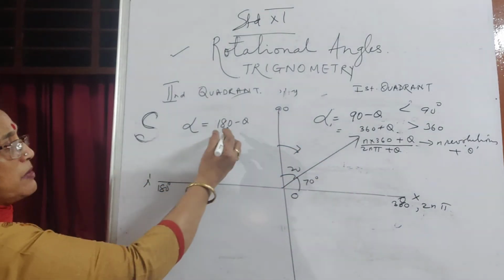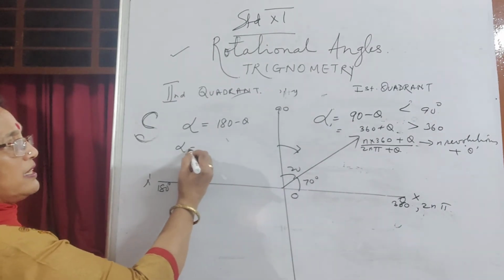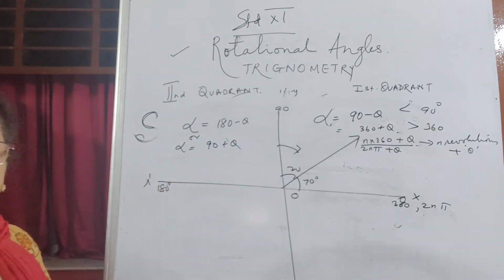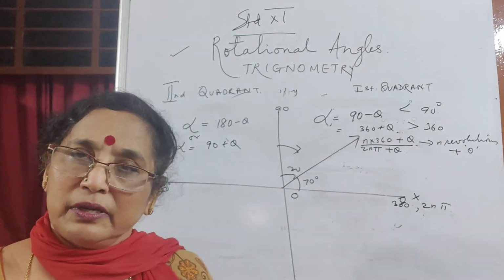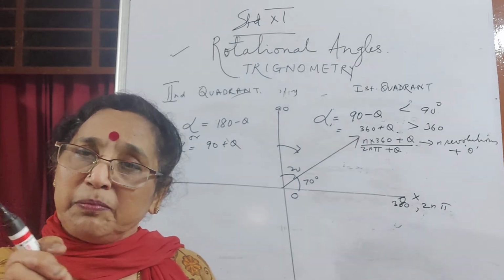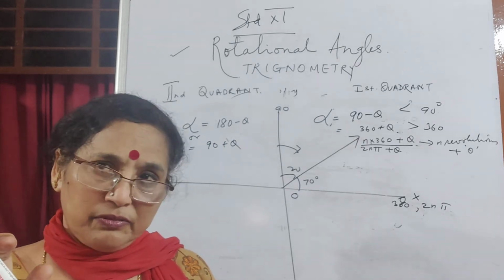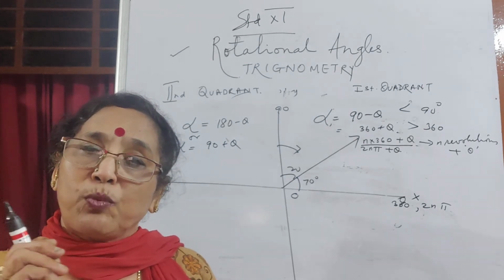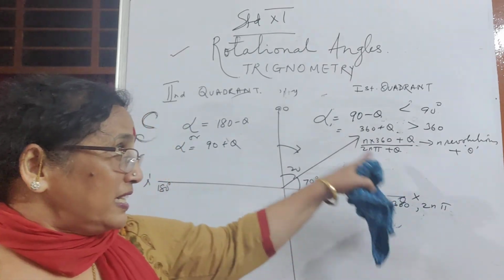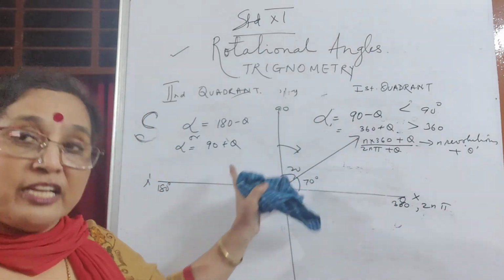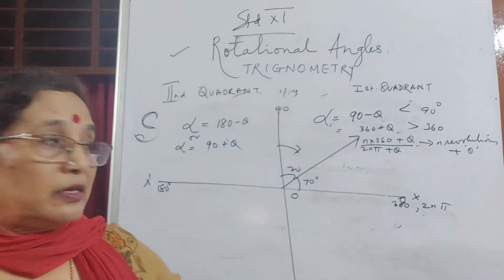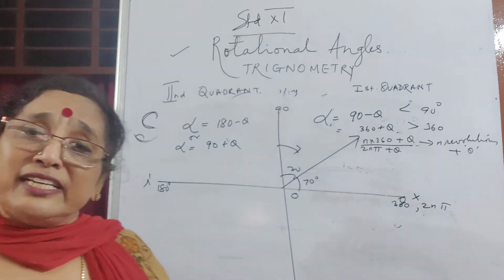So in this, 180 minus theta, or you can write 90 plus something. For example, if I talk about 110, you can break it up in two ways. You can write 110 as 90 plus 20, so here theta is different, right? And if you write 180, it's 180 minus 70, right? 110 is 180 minus 70, or 90 plus 20.